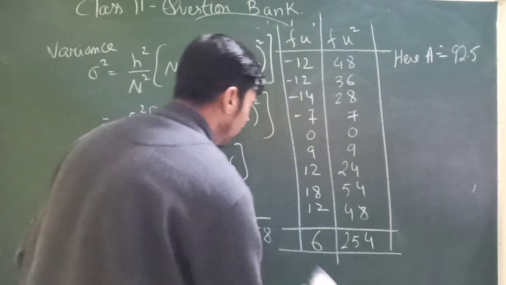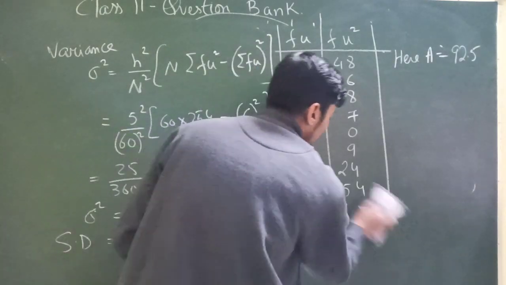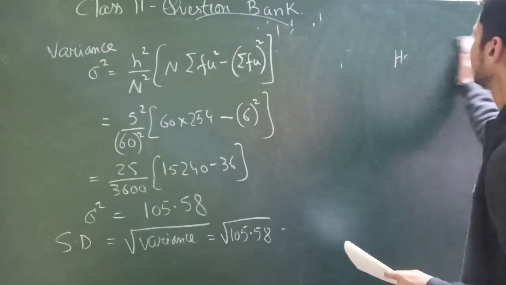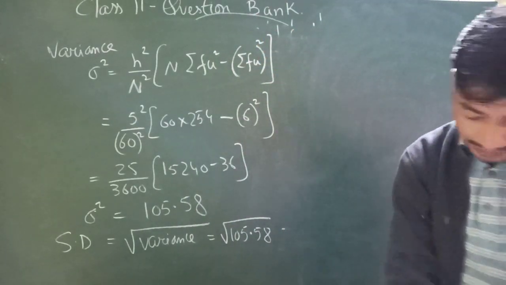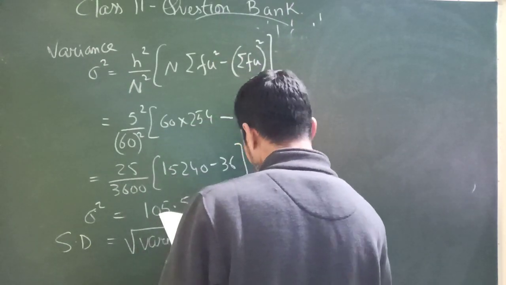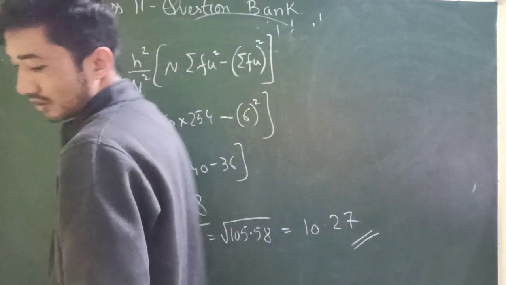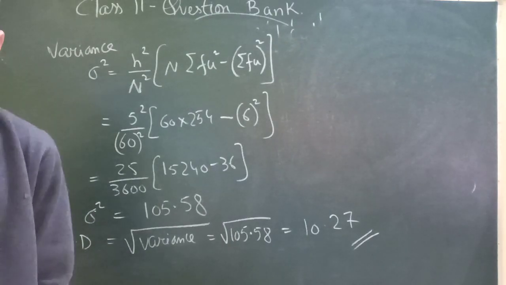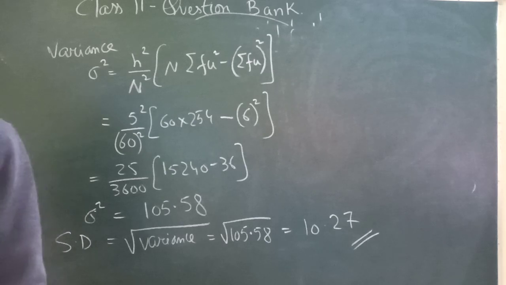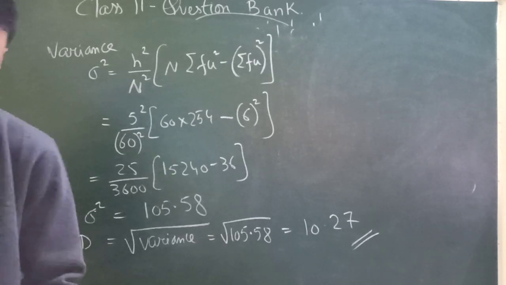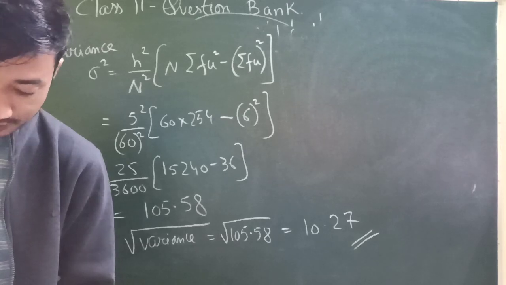If you calculate, and you'll be allowed simple calculators, I believe you will get about 10.27. So this is the formula that we generally use to find the variance and the standard deviation. All right, that's basically it.